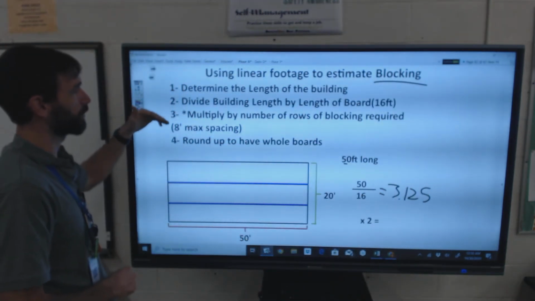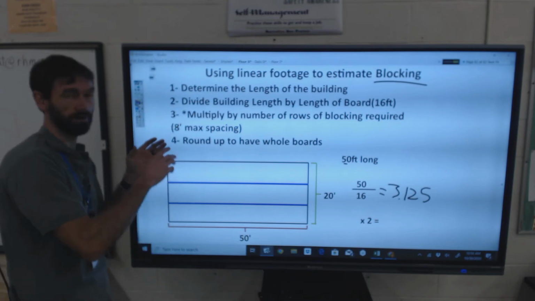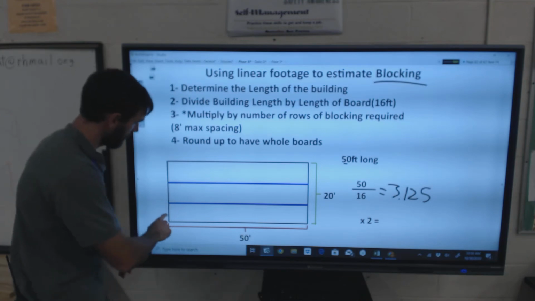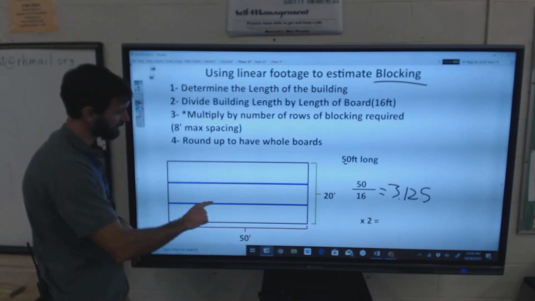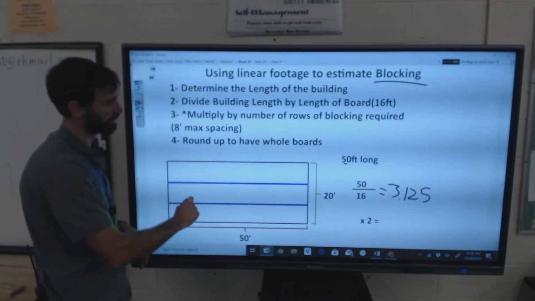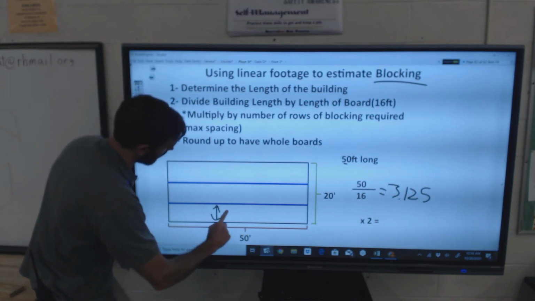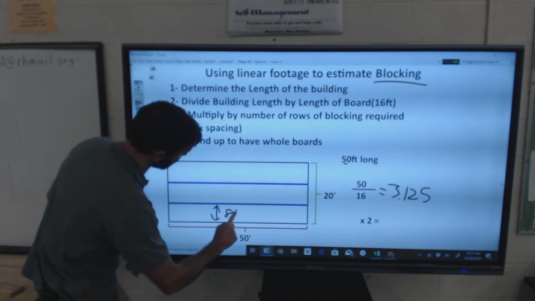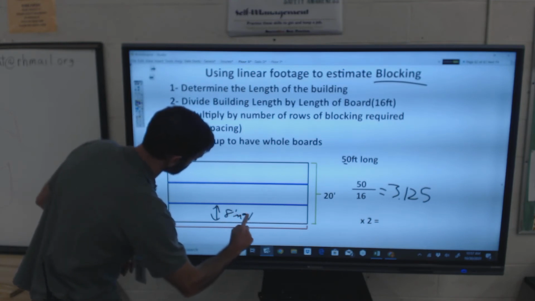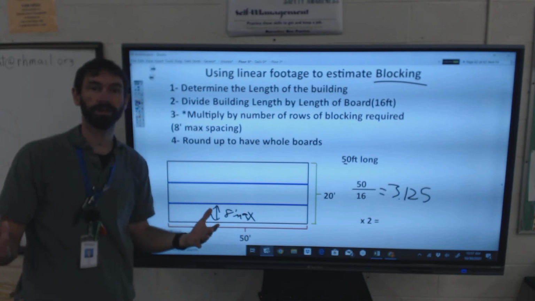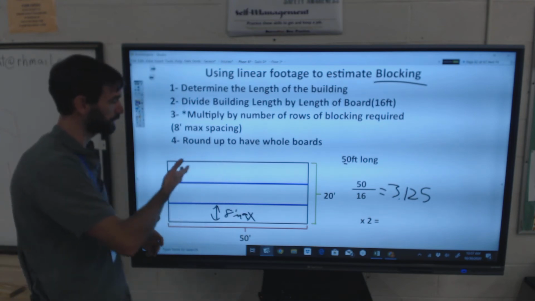Multiply that by the number of rows of blocking required. Remember, I talked about how they can be no more than 8 feet apart from each other. So in purple here, I've got 2 lines set up for girders. So from here to there has to be an 8-foot max. If we just had a 20-foot span, we could put one down the middle, but it would be beyond 8 feet. So we have to have 2.